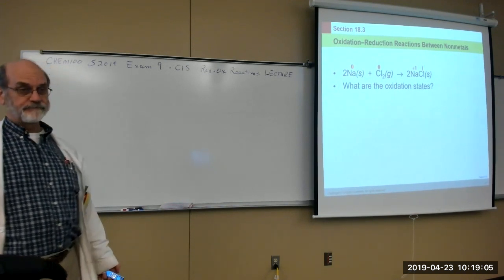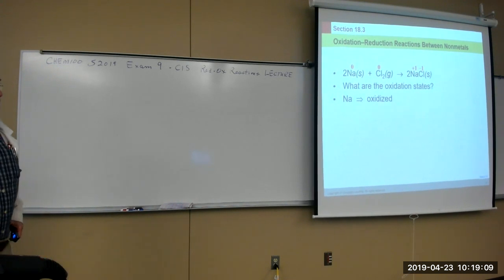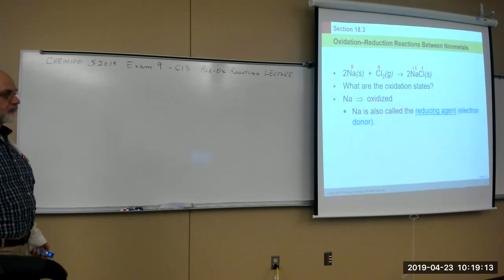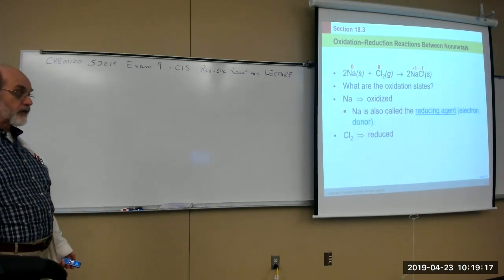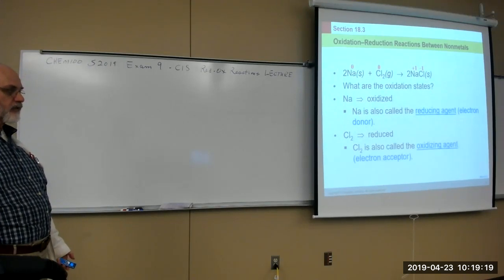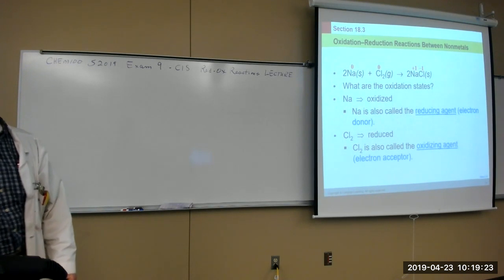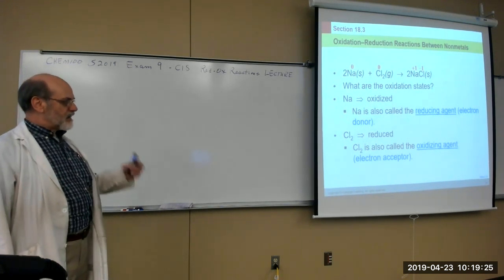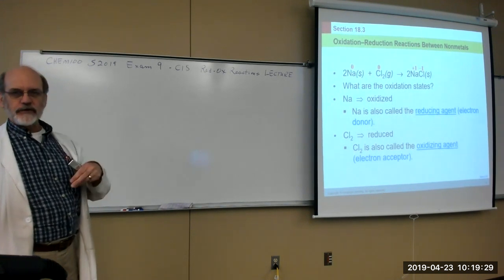No other choice. And in this case, sodium has lost electrons, so it's oxidized. And chlorine has gained electrons, so it's reduced. But we've introduced another term in this process. Whatever happens to be oxidized is the reducing agent.